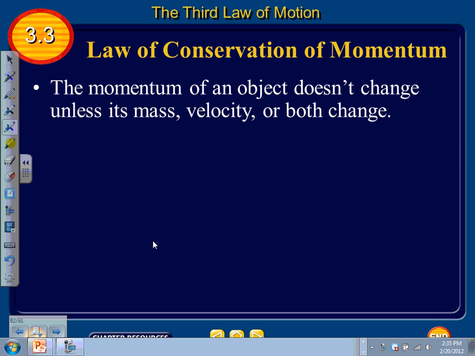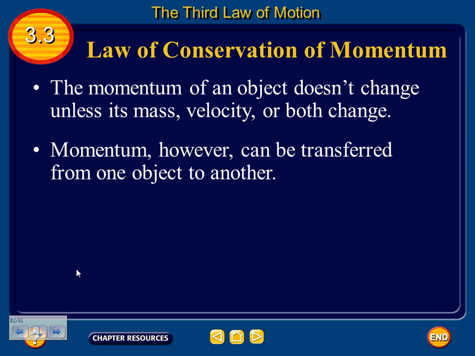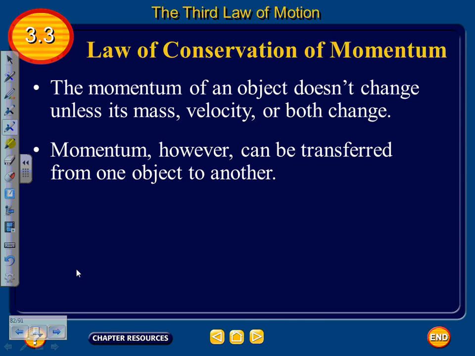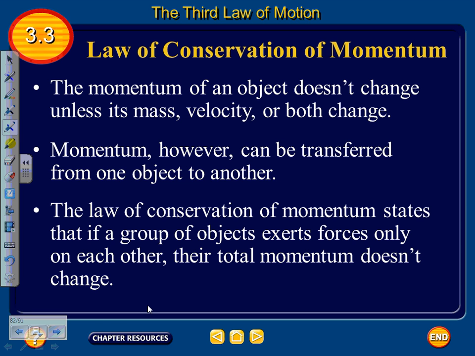The momentum of an object doesn't change unless its mass, velocity, or both change. Momentum, however, can be transferred from one object to another. The law of conservation of momentum, and we've seen several laws already this year. This is a new law.